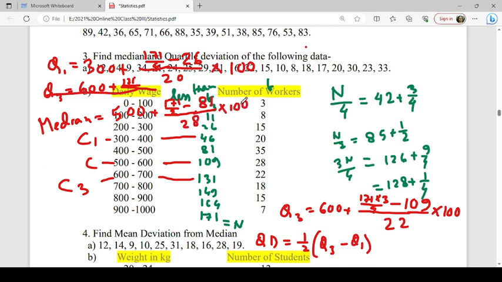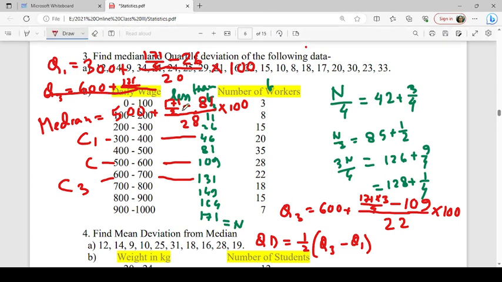So compute the value and we will get the median. So this is the way of finding Q1 and the median.